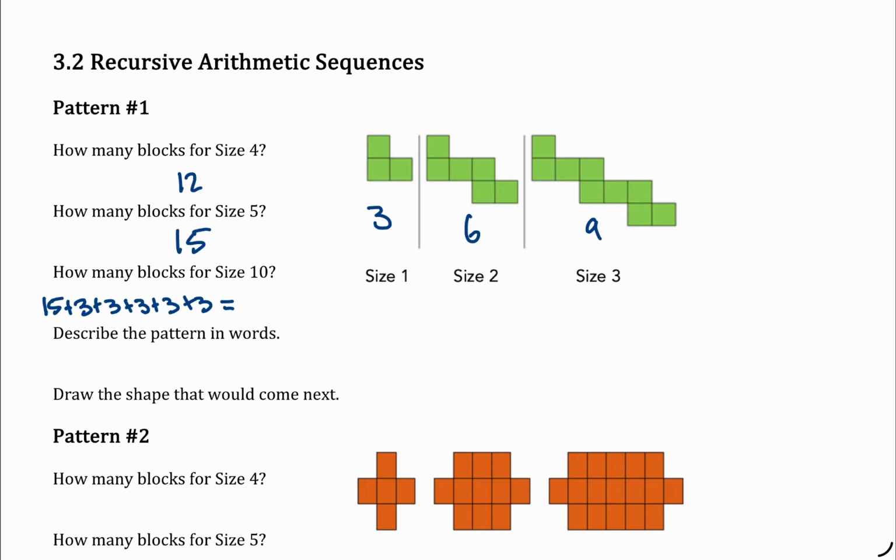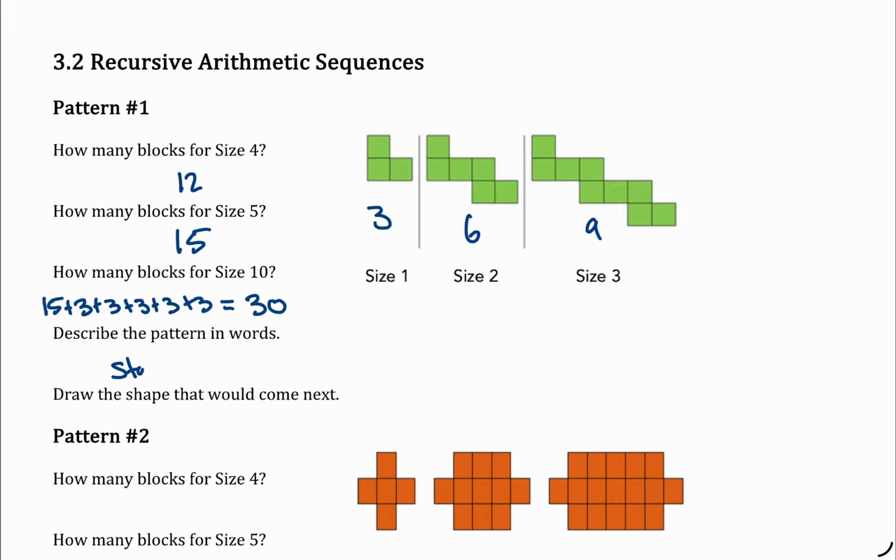So 15 plus 3 plus 3 plus 3 plus 3 plus 3 is 30. Because I know that I'm increasing by 3 every time, I can just say I have 5 3s. So 5 times 3 is 15, plus 15, 30. There you go.